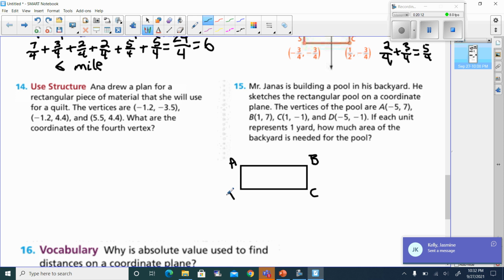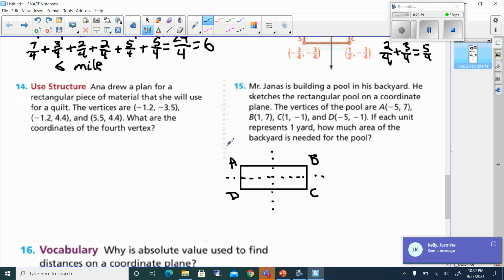And you might be thinking, how did I know where to put those letters? Remember, this is off of a coordinate plane. So let's just say this is my y-axis. This is my x-axis. All right, so A was at -5 and 7. So that means I had to be going backwards this way and then up, right?